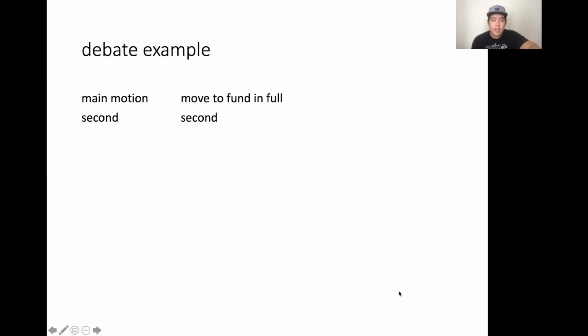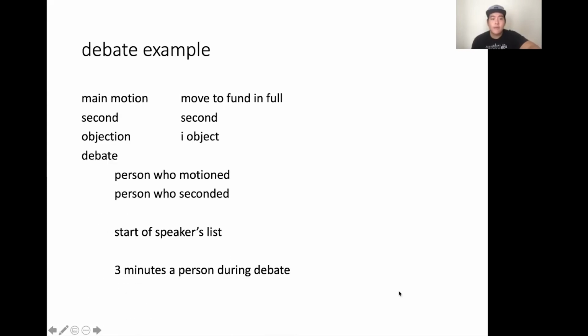Once it receives a second, the speaker will go on to ask for objections. The speaker will say something as simple as, are there any objections? And if there are no objections, we move on, right? The reason for that is that if no one else disagrees, then why are we going to spend time talking about it? We're just going to go on and pass the thing. This is something I like to highlight because not every organization does this.